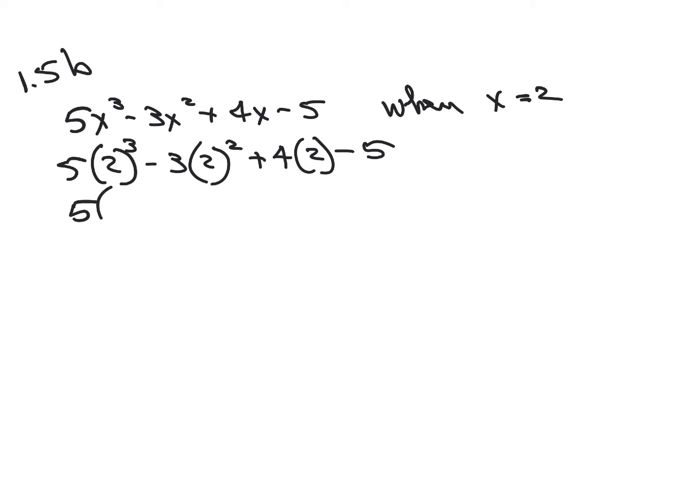I guess I don't know why I do it, but it seems to work for me. So 2 cubed is 8, minus 3 times 2 squared is 4, plus 4 times 2 is 8, minus 5. And we just keep going. PEMDAS says that after we've done the exponents, we do the multiplication from left to right.